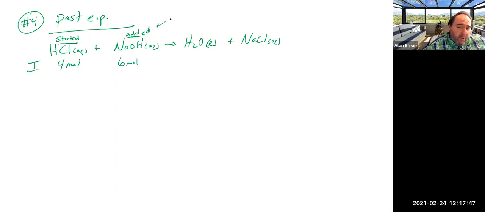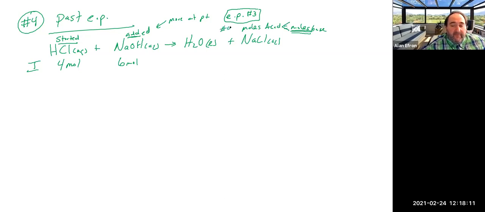Again, this should be more at this point, because remember when we are at the equivalence point at the number 3 step here, the moles of the acid equals the moles of the base, which means when we go past it, and because we're adding base, the moles of the base should end up being more than the moles of the acid when we get to the fourth spot here in the titration curve, because that's what we're essentially adding as we're doing the titration.